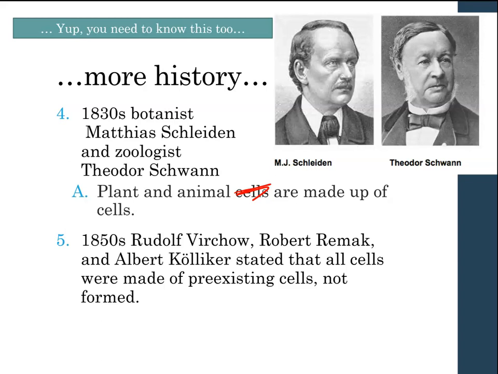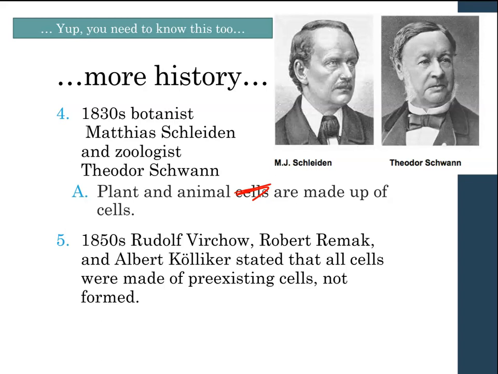In the 1850s, we have a few other scientists, Virchow, Remak, and Kolliker. They stated that all cells were made from pre-existing cells. Now, this is really important. This is basically them saying that reproduction happens. Organisms don't just poof out of nothing.